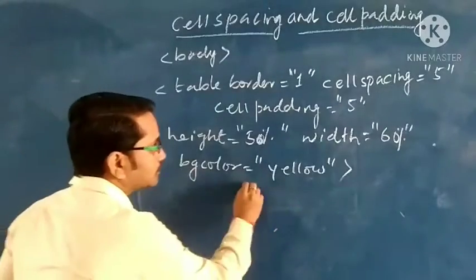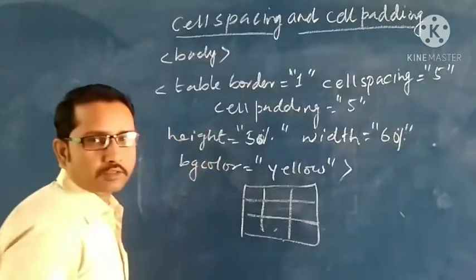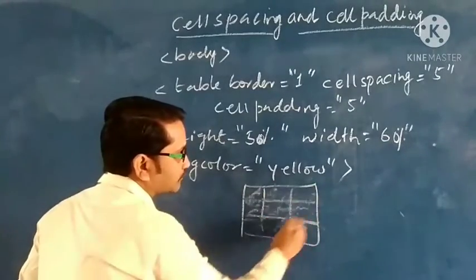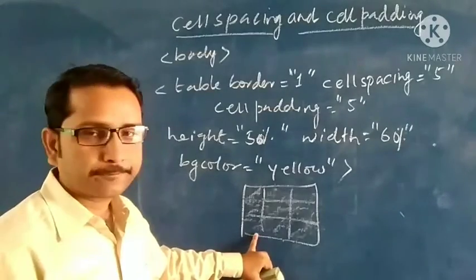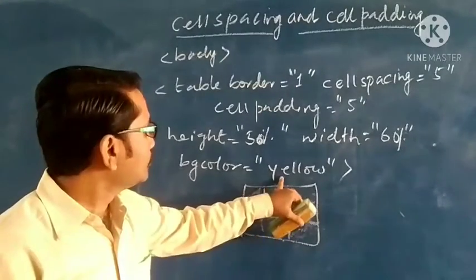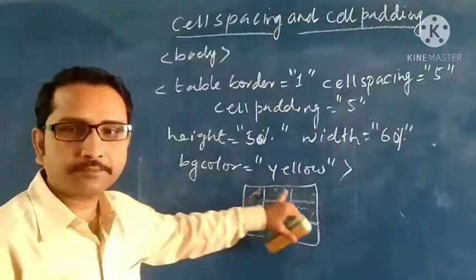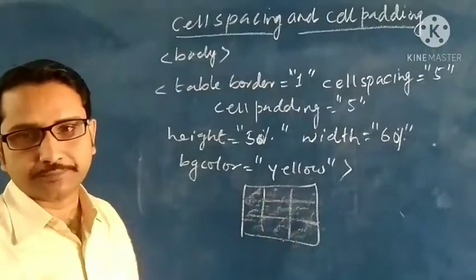That means the background color of this table should be in yellow color. We are applying BG color in the background of the table. So table should use that color.